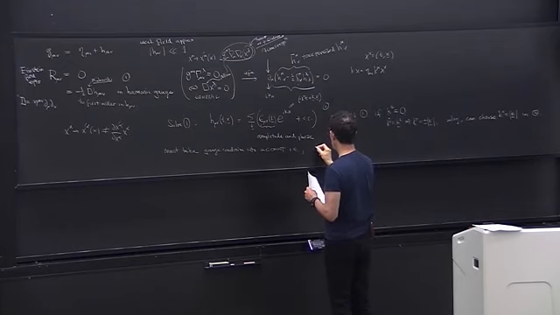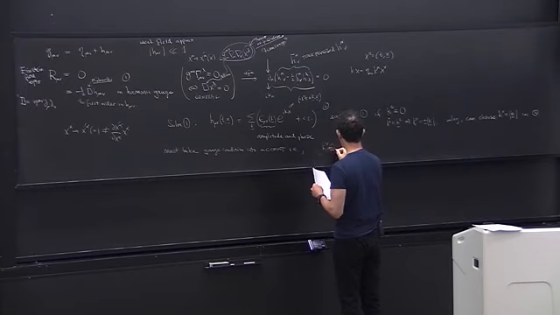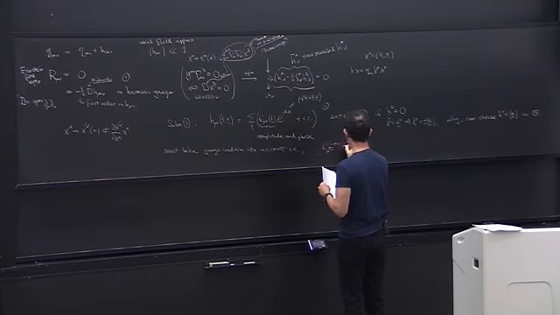So that'll give us, let's write it this way, k mu epsilon mu nu equals 0.